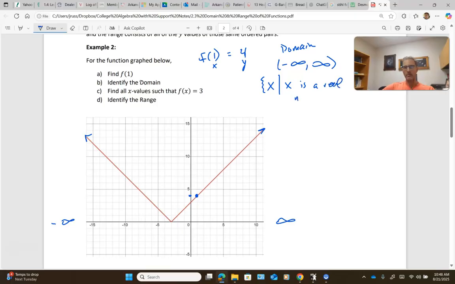This is the way the book does it, and this is what you're going to see in your homework. All values of x such that x is a real number. This just means that the domain of this function is the entire x-axis.